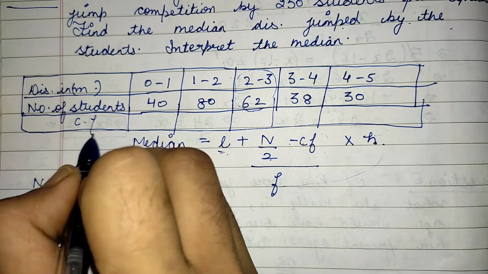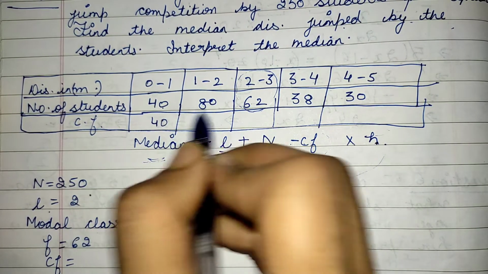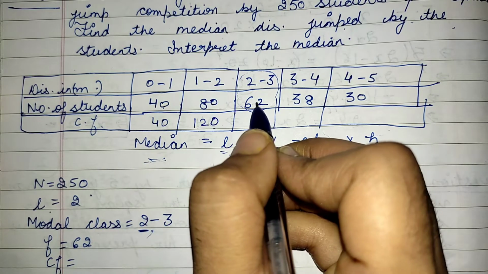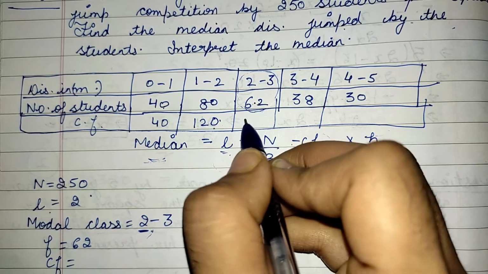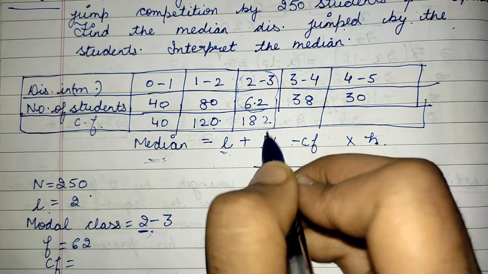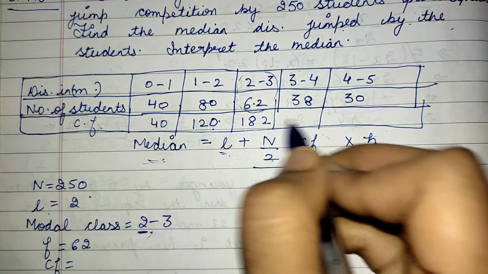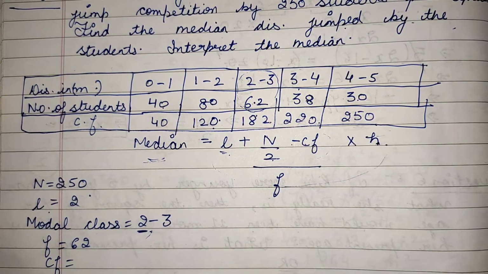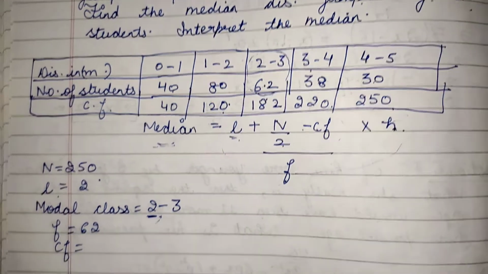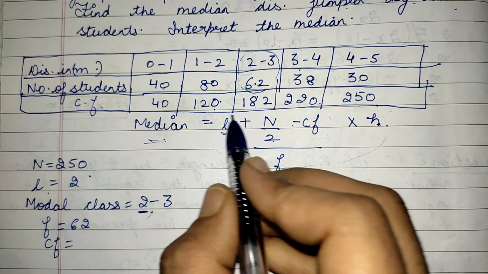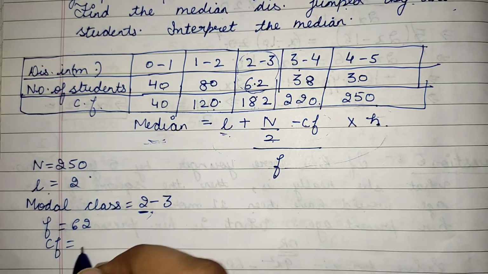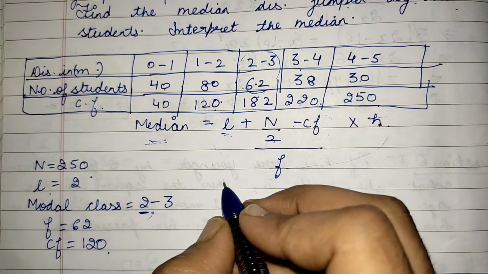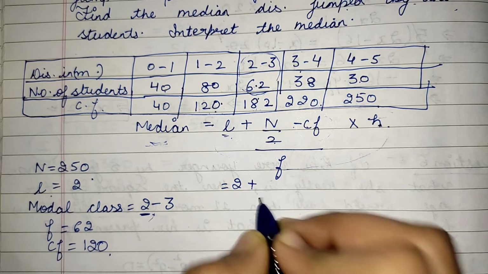The cumulative frequency is: this is my 40, this will be 80 plus 40, which is 120, and this will be 120 plus 62, which is 182, and this will be 220, and if I add all of these, it will be 250. So the cumulative frequency before our modal class will be the CF. So this is my 120. So put the values and you will get your answer.